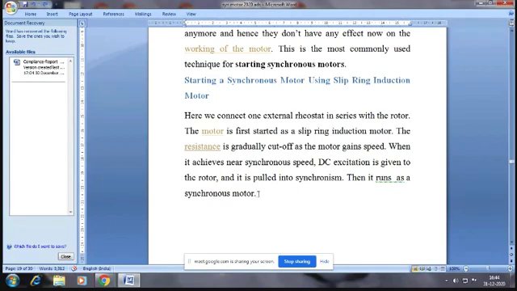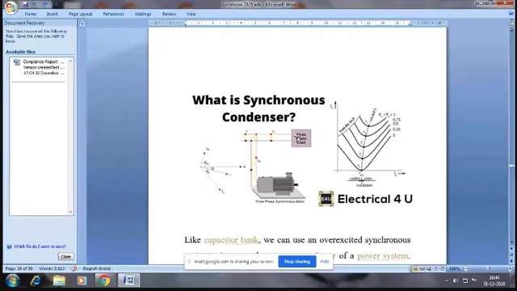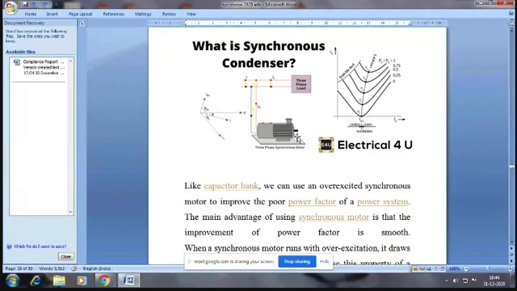That is an important requirement if I have to make any electrical connection in the rotor circuit. So that's why we go for a slip ring induction motor. I cannot do such a thing in a cage motor, because the cage motor is completely closed. Here it is closed through the slip rings. That is the difference. That's about the starting methods used in the case of a synchronous motor.